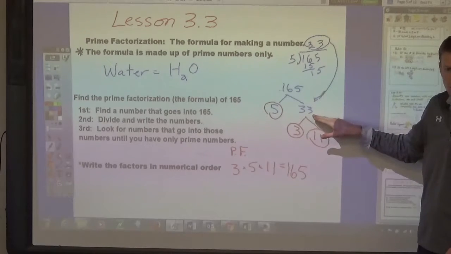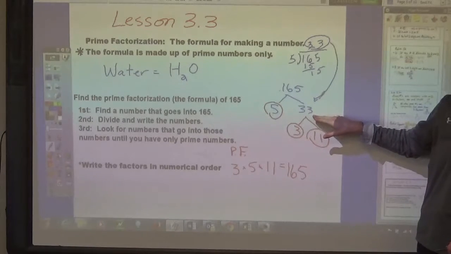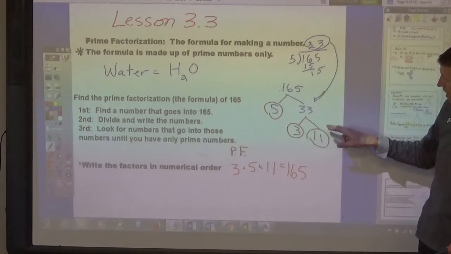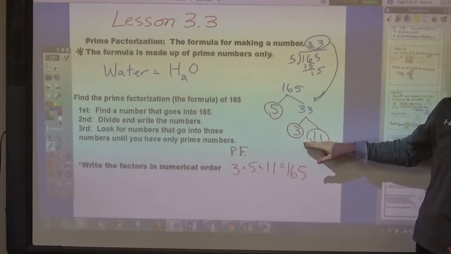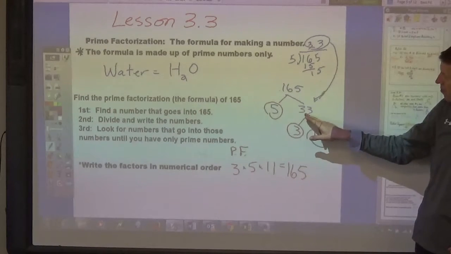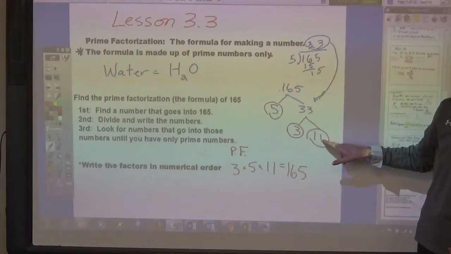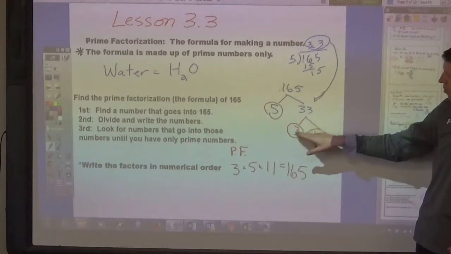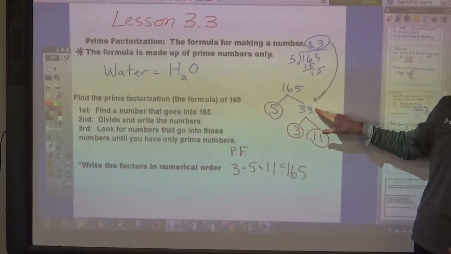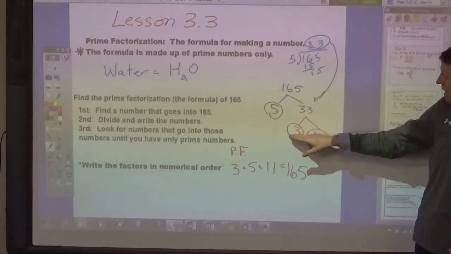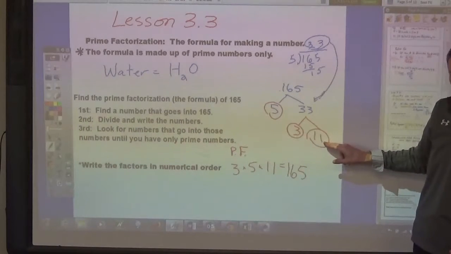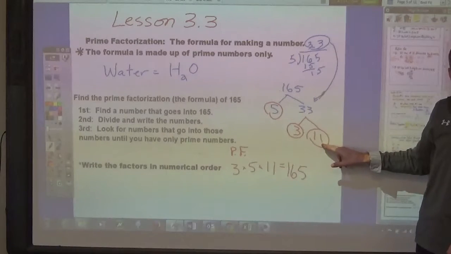But 33 is not a prime number. What goes into 33? 3 and 11. So we'd write 33 as 3 times 11, and write those underneath the other composite number. Now we have all prime numbers left at the bottom. There are no other factors that we have to write.